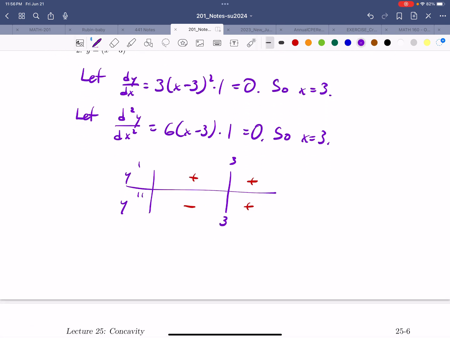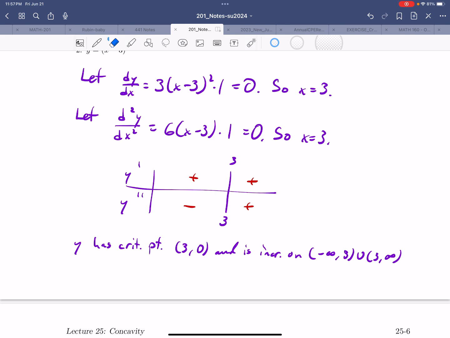We just say y has critical points, or just has critical point, right? 3 comma 0, and is increasing on really everywhere except 3. Right, because 3 was a critical number. Right, never decreasing.